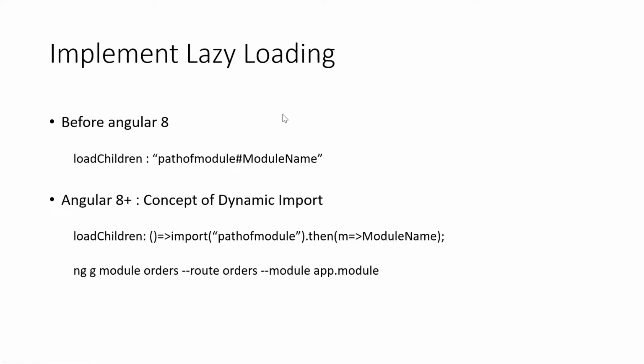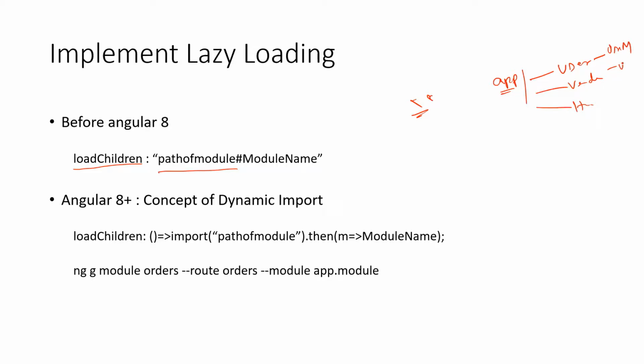So if you are still on a version less than Angular 8, you should use this property, loadChildren. In the loadChildren property, you have to define the path of the module. Suppose in your directory structure, in your app folder, you have folders like users, vendor, and home. Inside users, you have the user module.